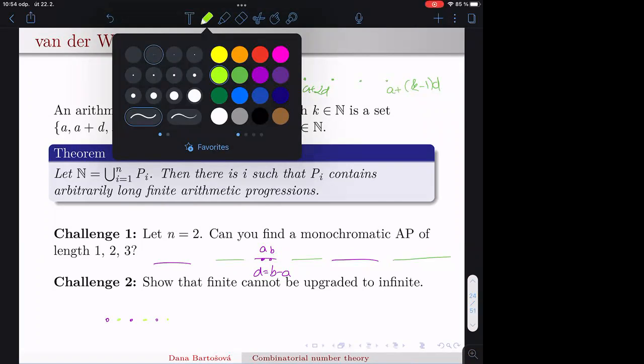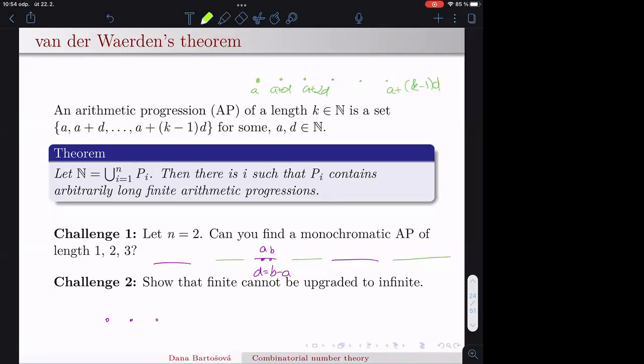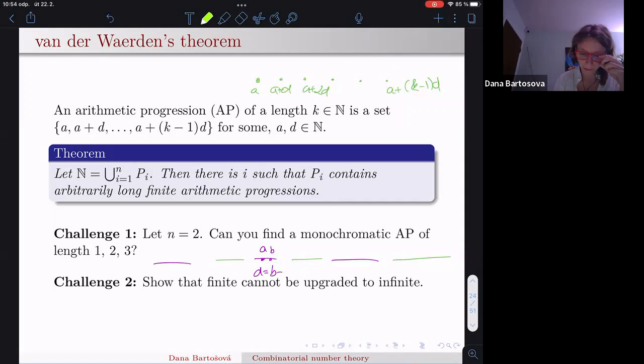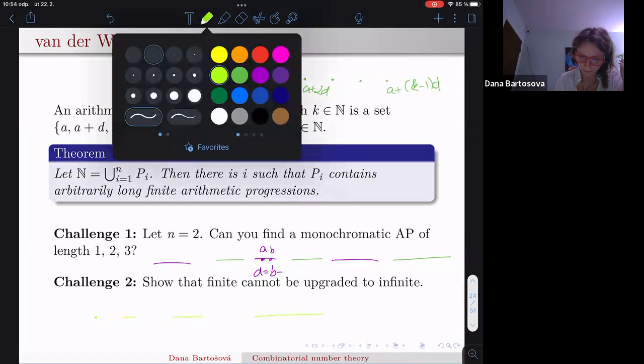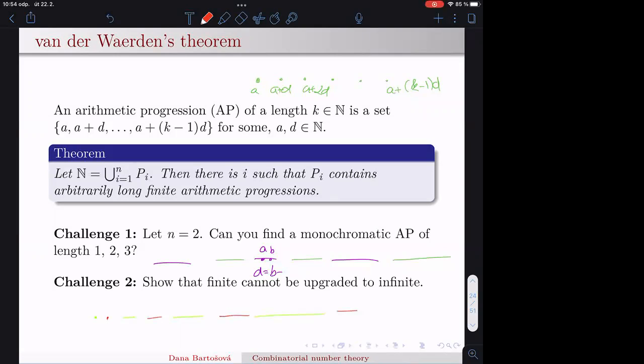You do want to alternate in some way, but you want to alternate in a way that you're having longer and longer intervals of one color, right? Because then there is no way that you can continue with the same distance forever. So I'm going to do this, and then this, and then this, and so on. And I'm going to leave the same spaces for the other one. Exactly.